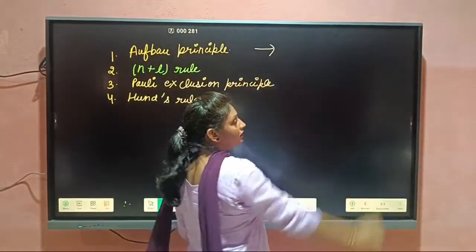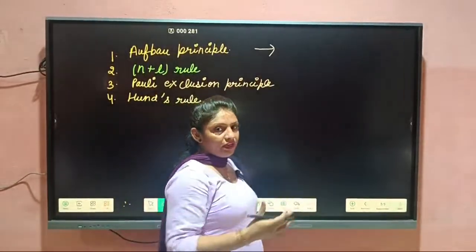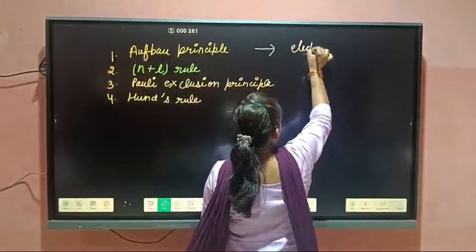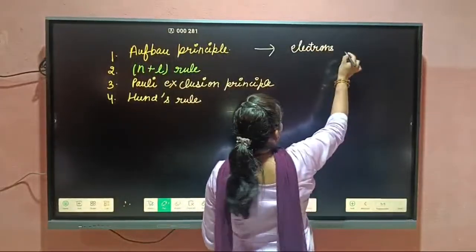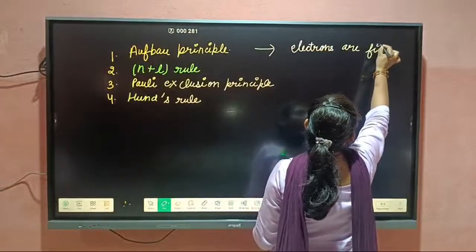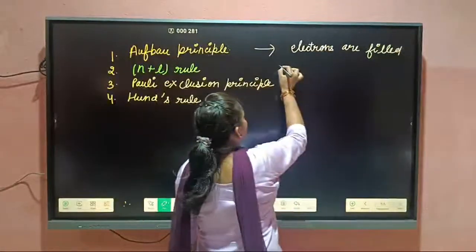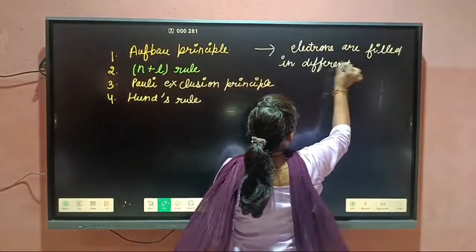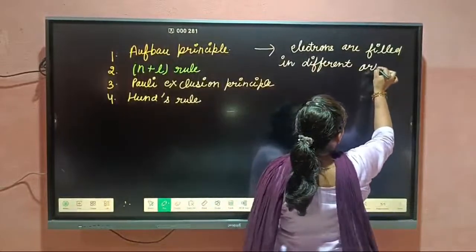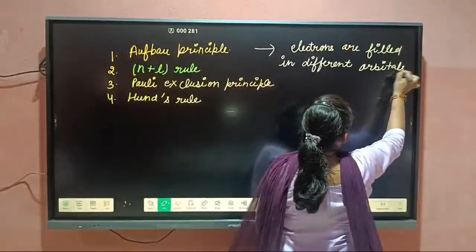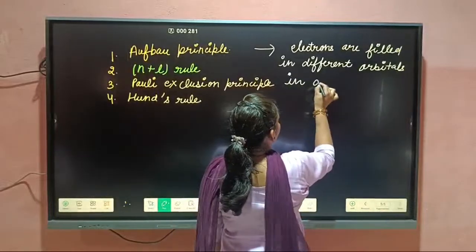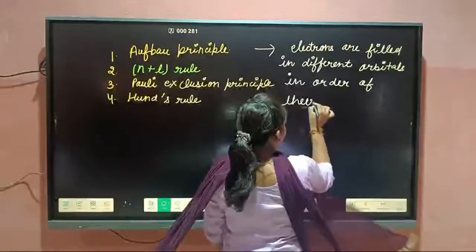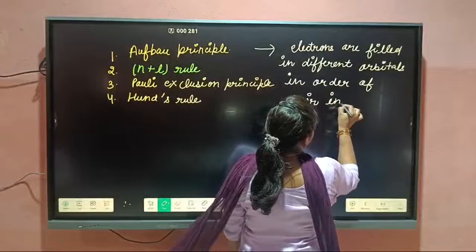It shows that electrons are filled in different orbitals in order of their increasing energy.